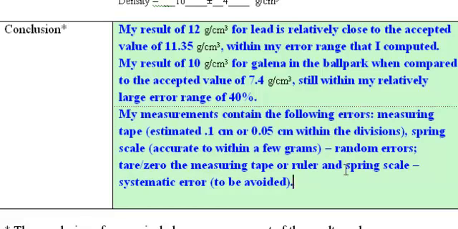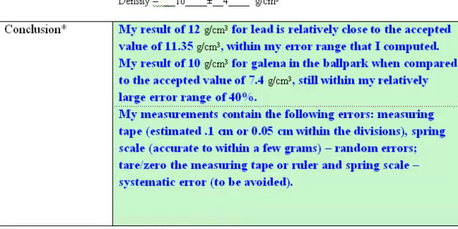Now, in my case, you may have seen it as I hooked on the lead cube. You may or may not have noticed that there was a little hook on the top, which is actually a brass hook.